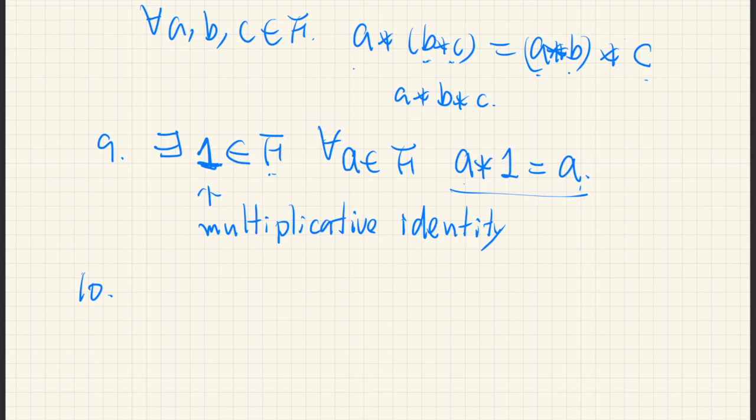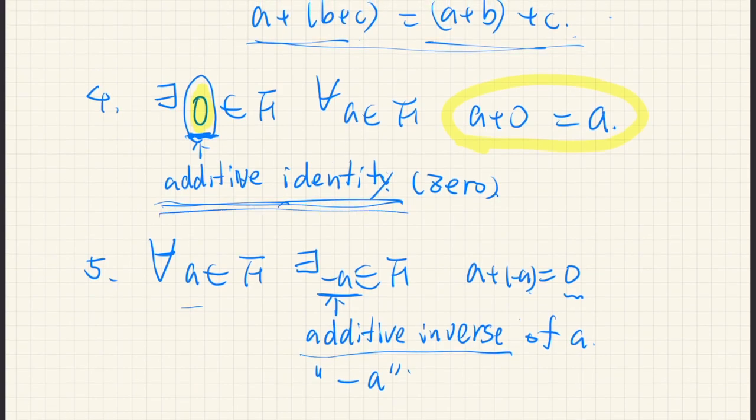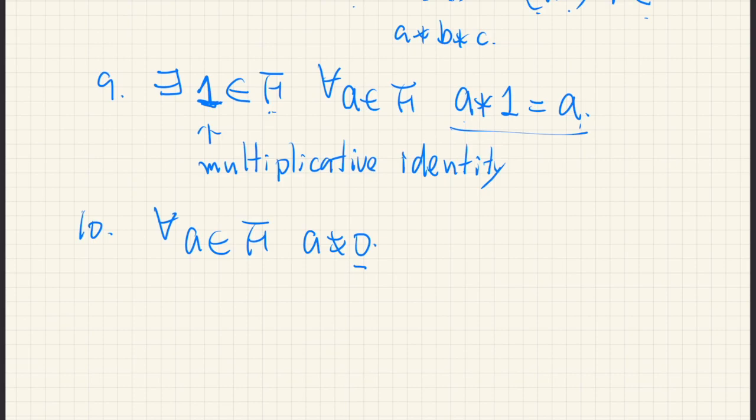That is, for any element A of F, if A is not 0, so this 0 is not the number 0 in general, but it's the additive identity which we introduced in axiom 4, then there exists some element B in F such that A times B is equal to 1.